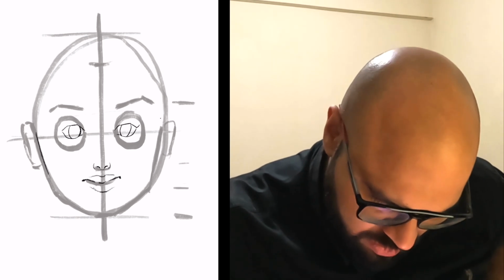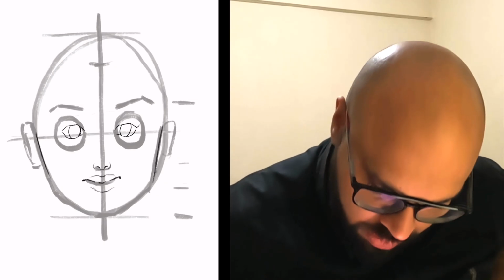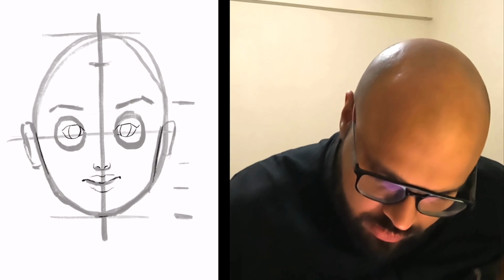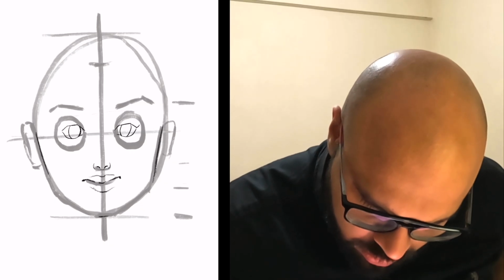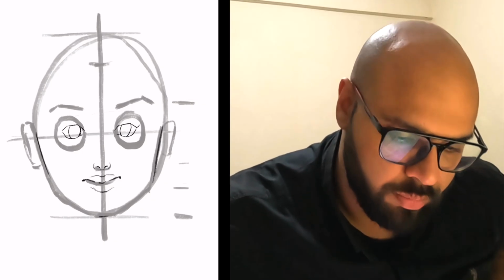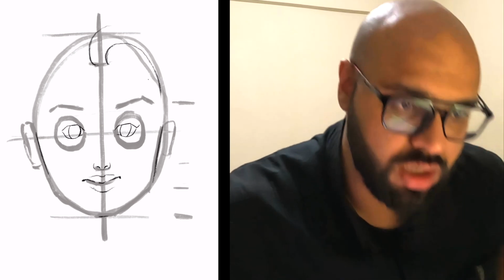Again, I'm thinking to keep the original face structure that I drew here because it's looking nice. Keep it here, but let's take the hair shape of the other person and draw it here.